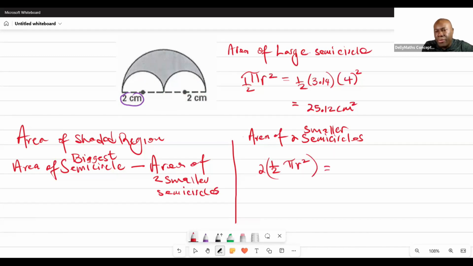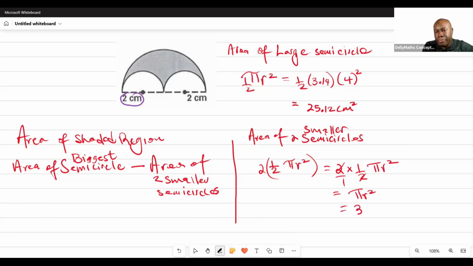So basically, if you take it out, you could see what's going to happen. We actually have this for one, and it's two of them, right? And then these could cancel. As you could see, they're canceling on us. So we're left with just pi r squared.